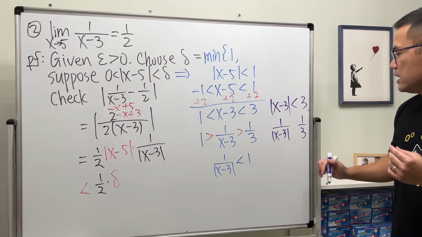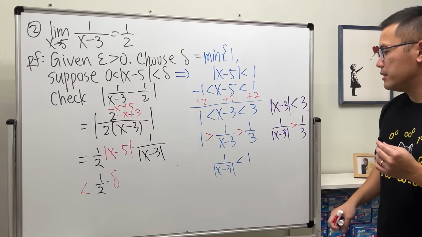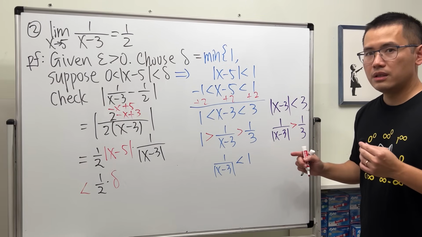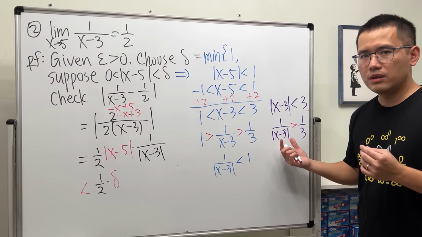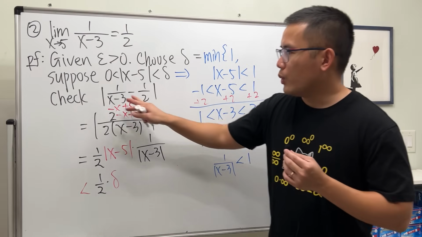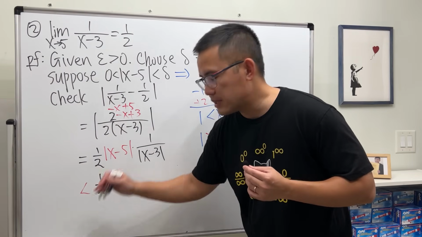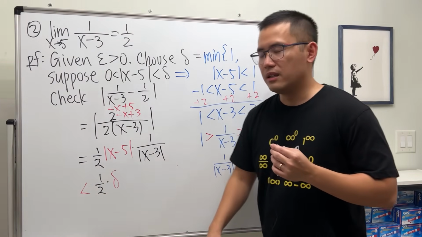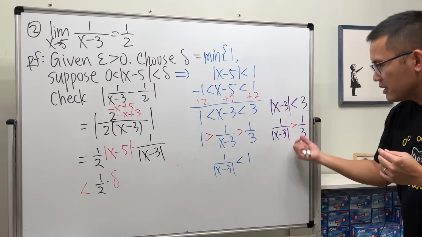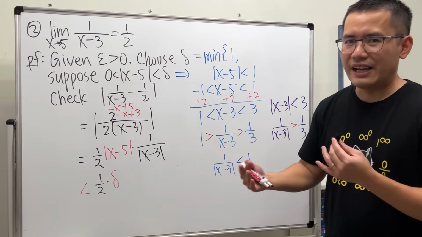Because they are both positive, you will just have to flip the inequality. But what's wrong with this though? Well, remember, we want to show that this thing is less than blah, blah, blah, and then epsilon at the end. We want to have less than. If you have a greater than here, you put it here, that's like they're fighting.